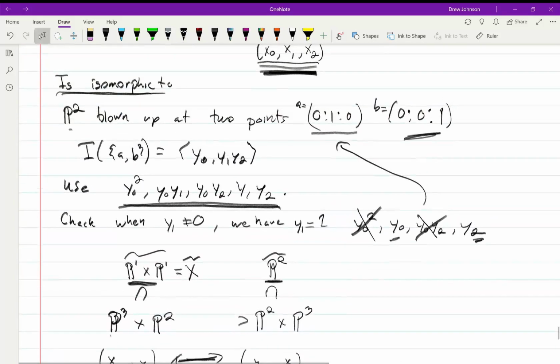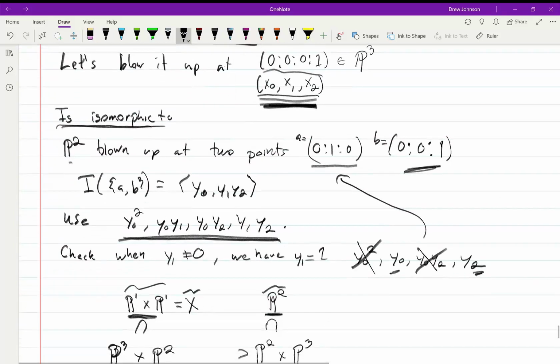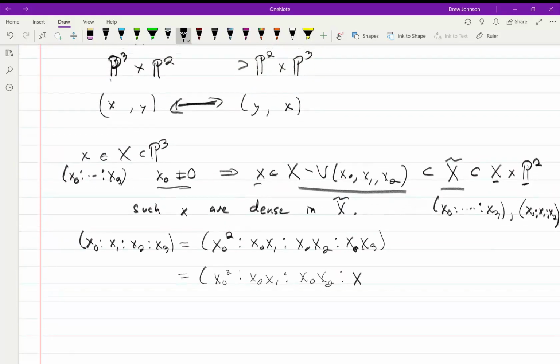I'm going to go back and use this equation that defines x. It says that x0, x3 is equal to x1, x2. So we'll change this to x1, x2.